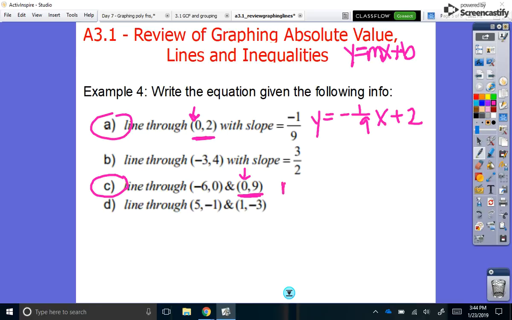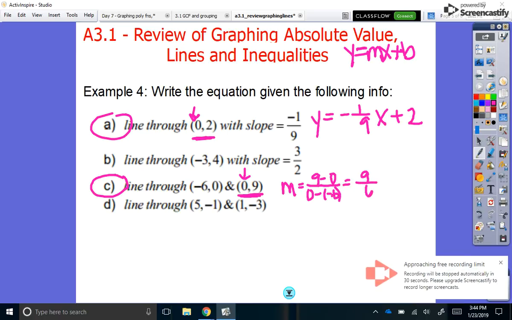So for C, my slope is going to be 9 minus 0 over 0 minus negative 6, which is 9 over 6, which is 3/2. So I can just say y equals 3/2 x plus 9.